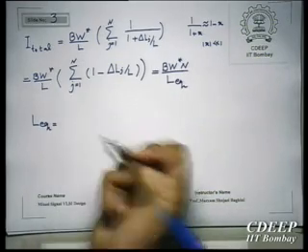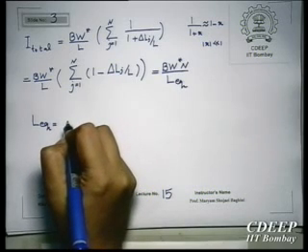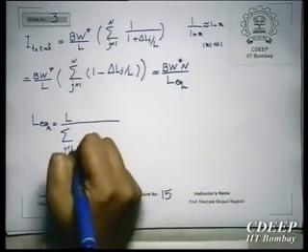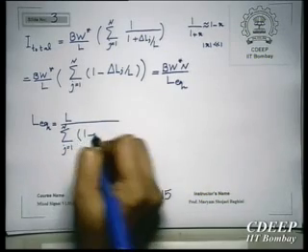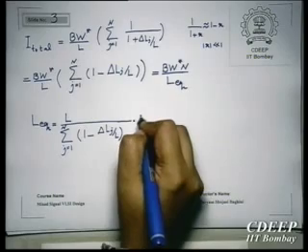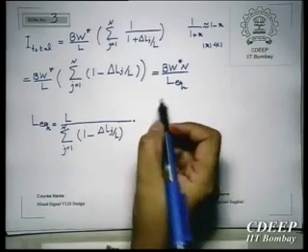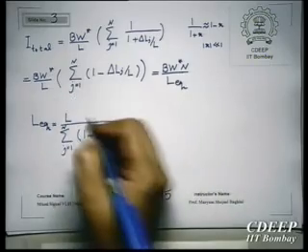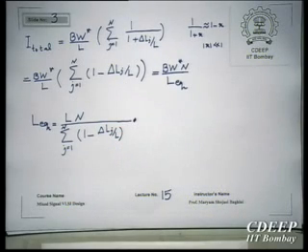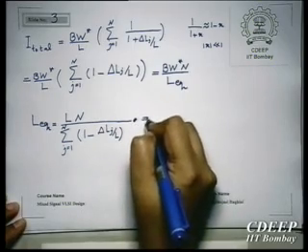So L equivalent will be equal to L upon this summation, j from 1 to n, of 1 minus delta Lj upon L. Of course, the summation of j from 1 to n of 1 is equal to n, right?